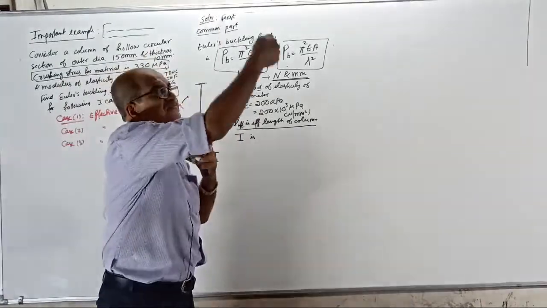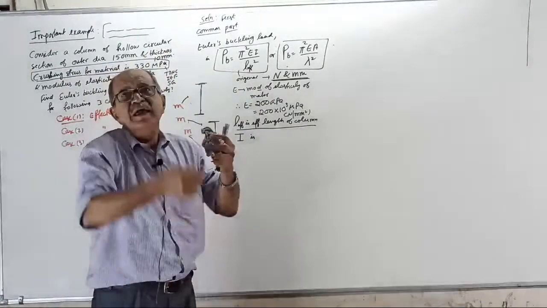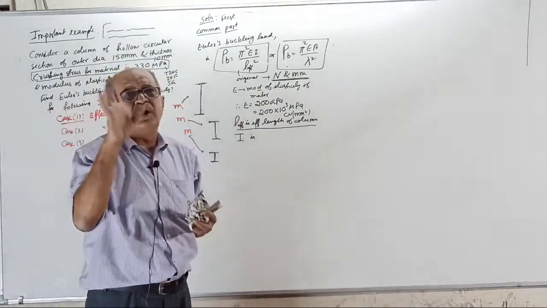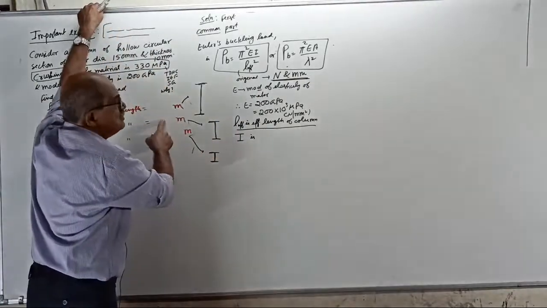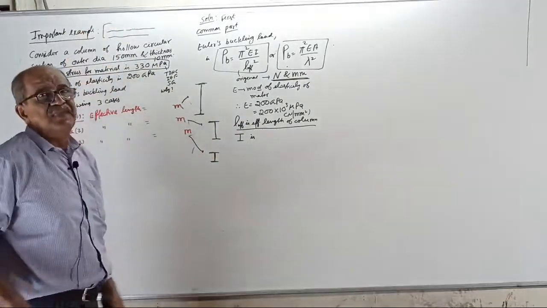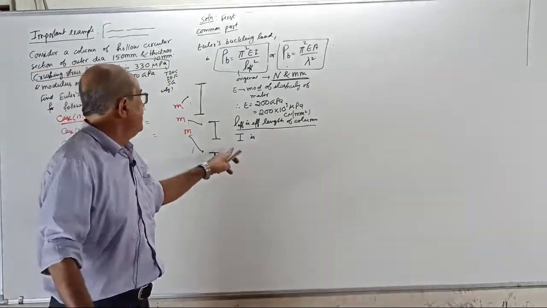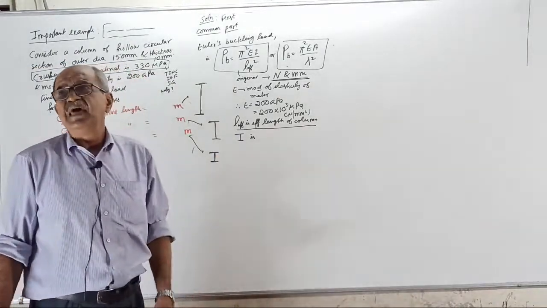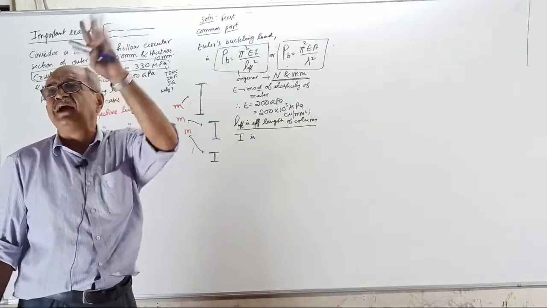Whether buckling is this way or that way, effective length is the same. This I told earlier. Strength of materials has a limitation. If I tell all those things, they will say he is telling something I never heard so far.